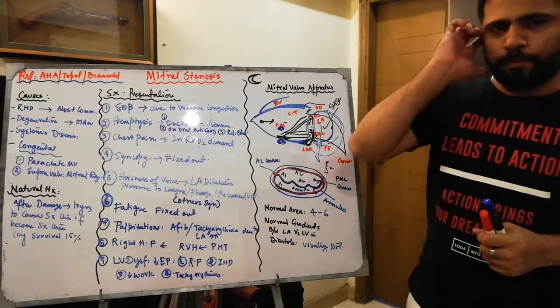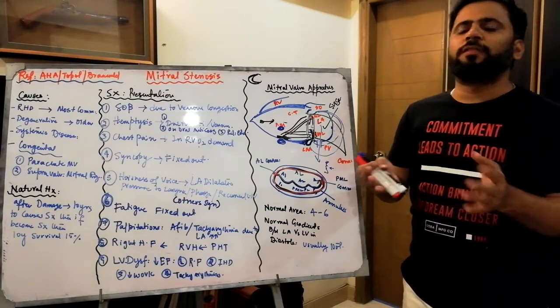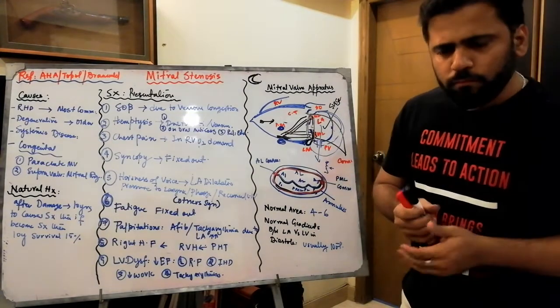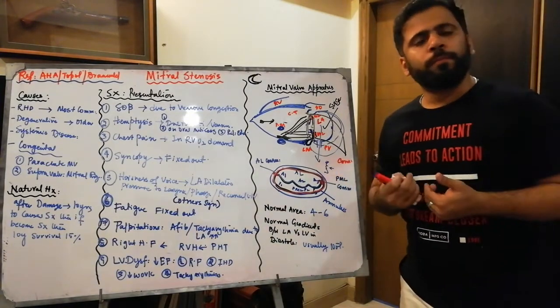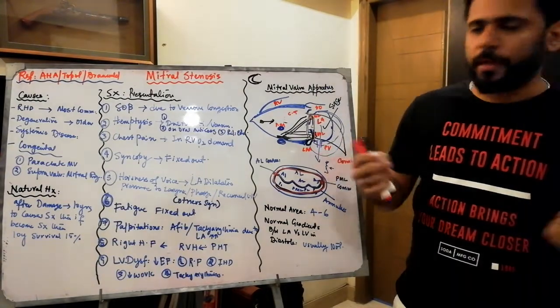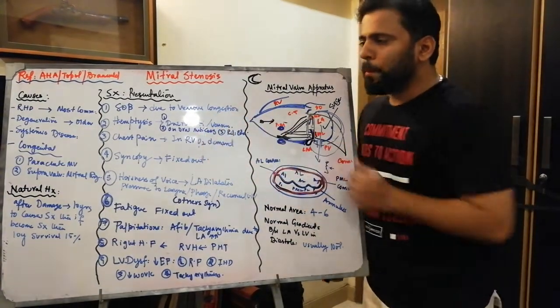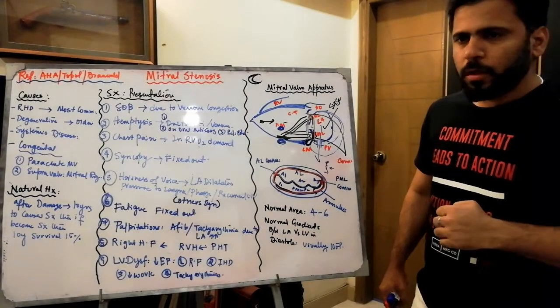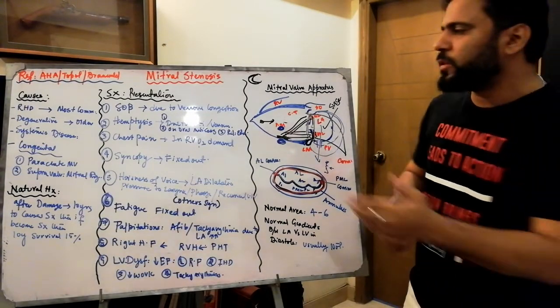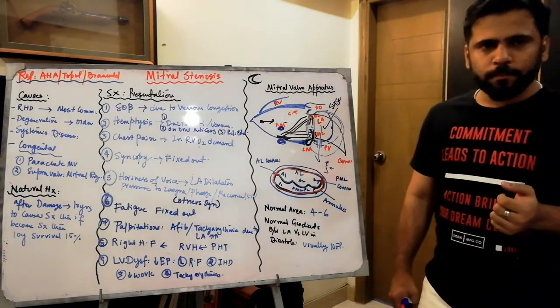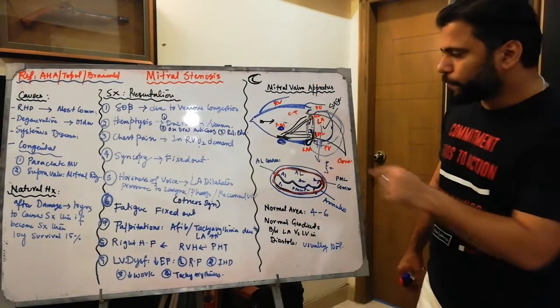Usually your patient initially presents with NYHA class 1 and 2, and then they end up with paroxysmal nocturnal dyspnea and orthopnea. Number 2 is hemoptysis. Why does my patient have hemoptysis with mitral stenosis? You have to understand it.